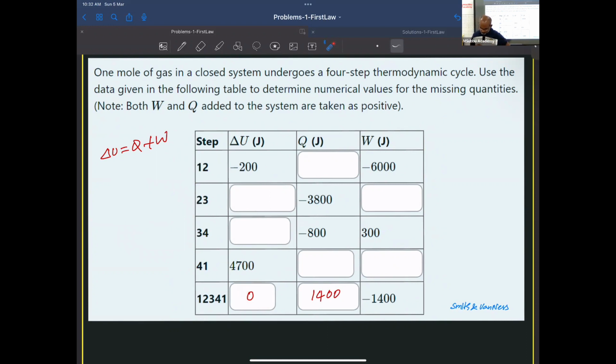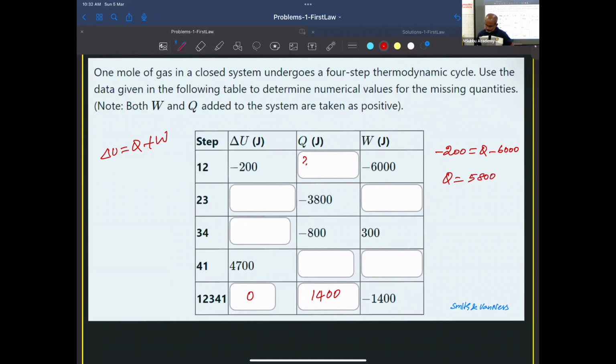So what else is possible? This doesn't need any other data. For a step, delta U equal to Q plus W. W is minus 6000. So minus 2200 is going to equal Q minus 6000, from which you can get Q for the step.